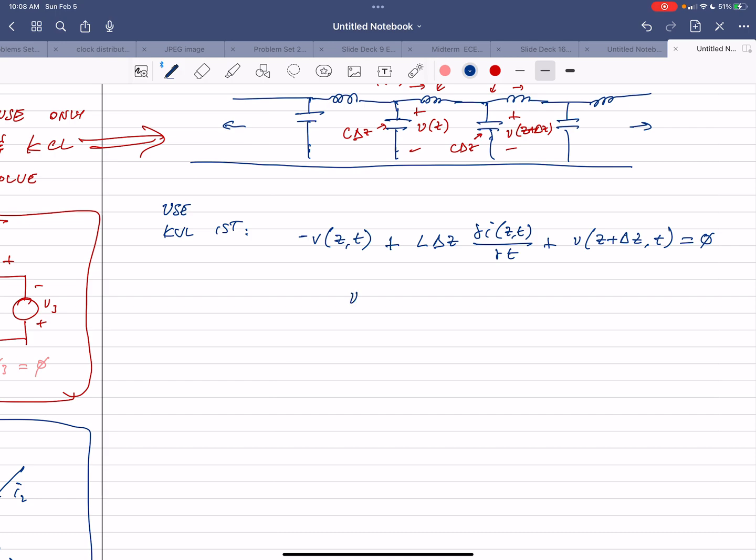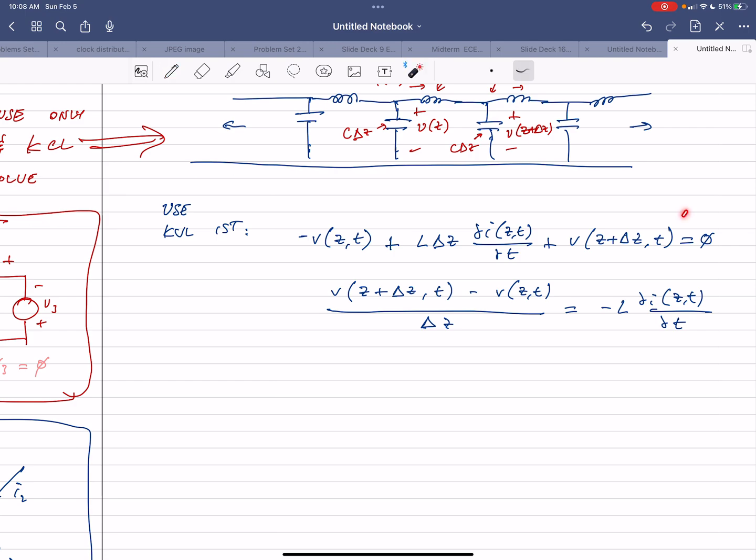I'm going to end up with V of Z plus delta Z as a function of time, minus V at Z, t, over delta Z, is equal to minus L di of Z, t, as a function of time. So I'm rearranging this equation to look like this equation.